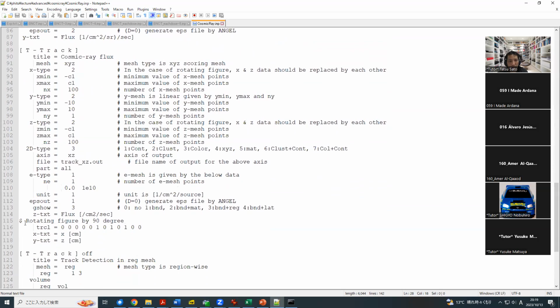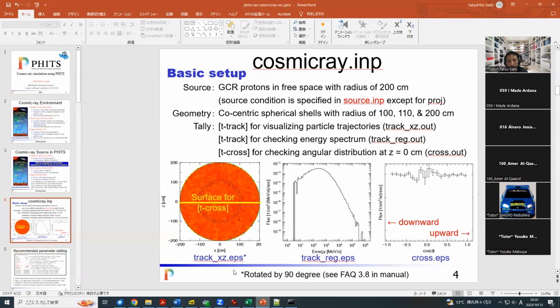You can translate by 90 degrees and change the axis this way. Without this command, PHITS draws a graph by Z and X. But here we would like to see this as downward and this as upward, so I rotate the figure.